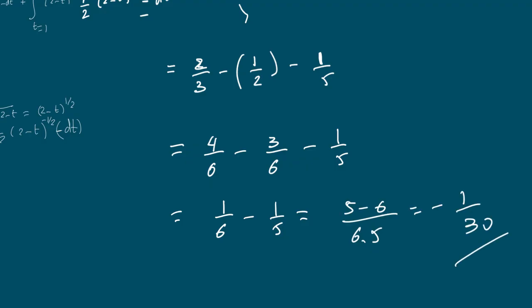Got it. Done. It's minus 1/30. So I have checked that it's true that the Green theorem holds for this case. We need to trust that it will hold for any case. Let's go to the next problem.